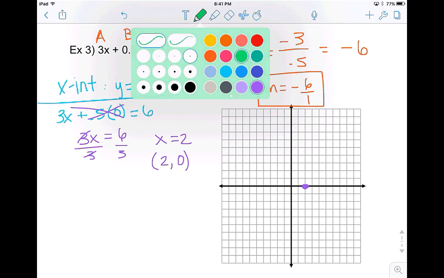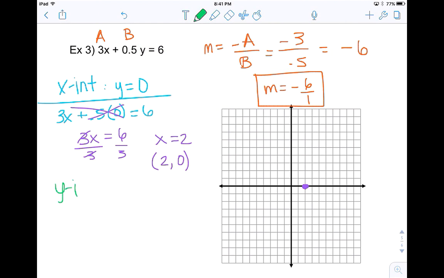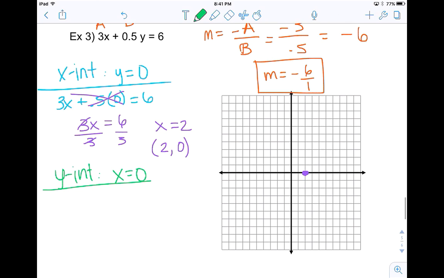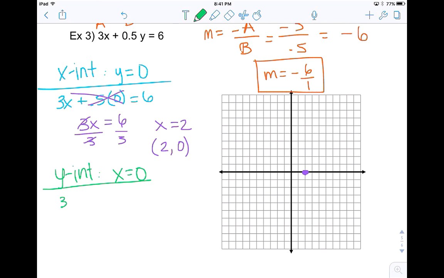Now for the y-intercept. The opposite this time, we're going to plug in 0 for x because we want to be left with our y variable. So we'll have 3 times 0, plus 0.5y equals 6. Then simplify, so 3 times 0 is 0. That leaves us with 0.5y equals 6. And then divide by 0.5.